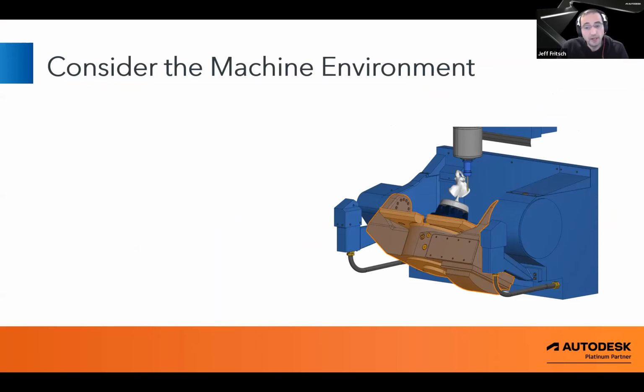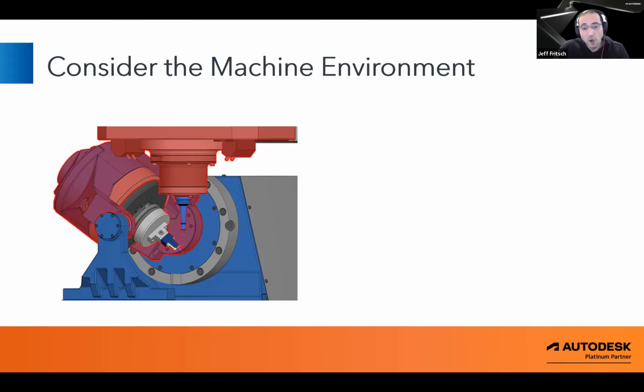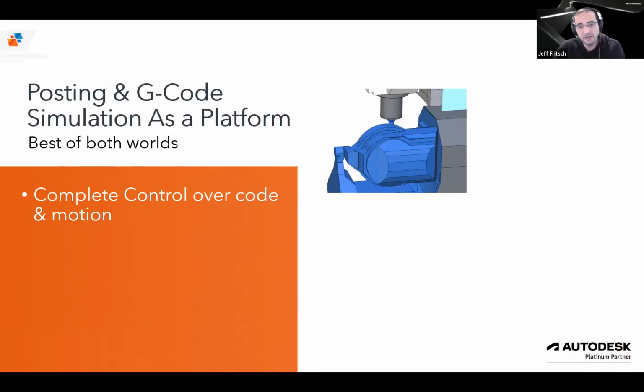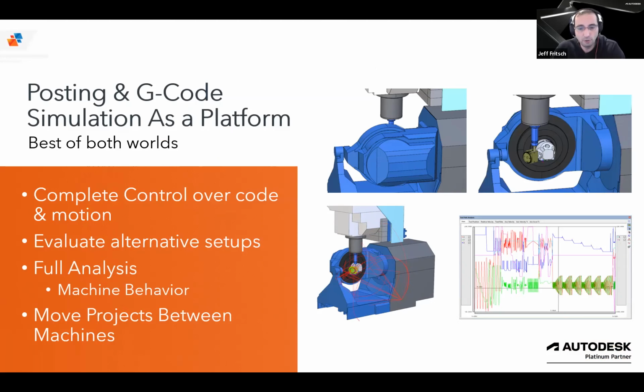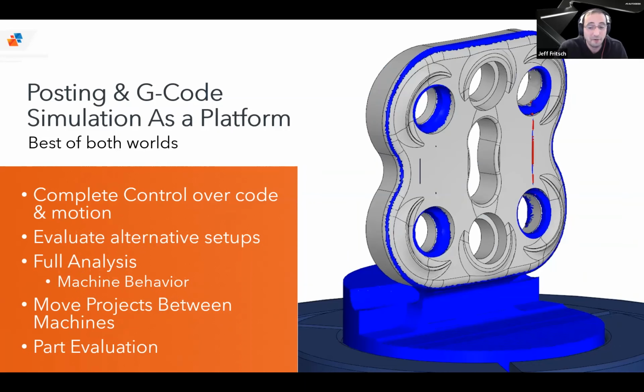Combining both of them, should there be any issues in terms of how the equipment is going to react, over travels, collisions, all of those elements will be detected. And having the post-processing engine built within the simulation, once those issues are identified, we have the tools in place to correct those issues and make sure that the resolution will be supported on the code side and by the equipment, so that by the end we can really answer the question: are we actually producing a proper part?